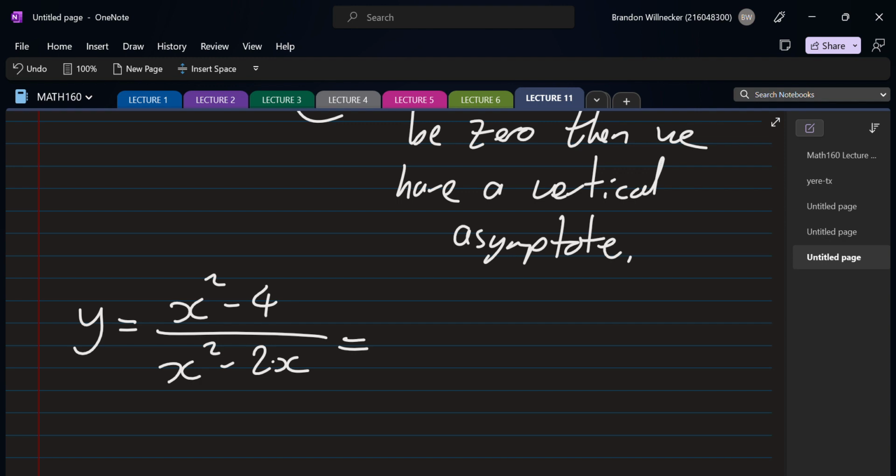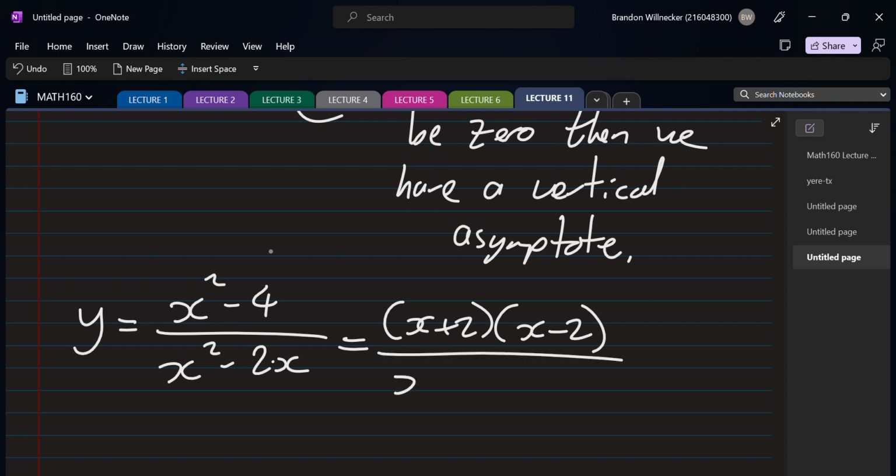Okay, so let's factor the top. That's going to be x plus 2, x minus 2. And we can factor the bottom. We can take out an x, and we're left with an x minus 2. And we see that at the top and at the bottom, we've got our problem term. When x is equal to 2, this top bracket over here, that's going to be 0. This bottom part, that's also going to be 0. That's what's giving us that indeterminate form.